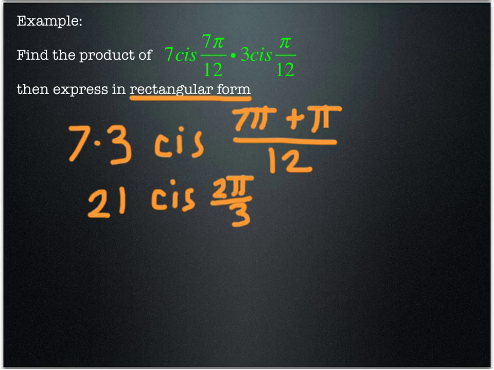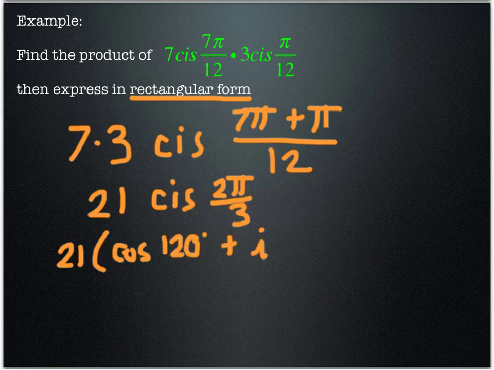So in that case, we have to write this out a little bit more lengthily here. I'm going to write it in degrees just since I'm more familiar with that. 2 pi over 3 is 120 degrees, plus i times the sine of 120. Keep in mind, that's my answer. Now I'm just going to try to write this in the rectangular form, the a plus bi form.